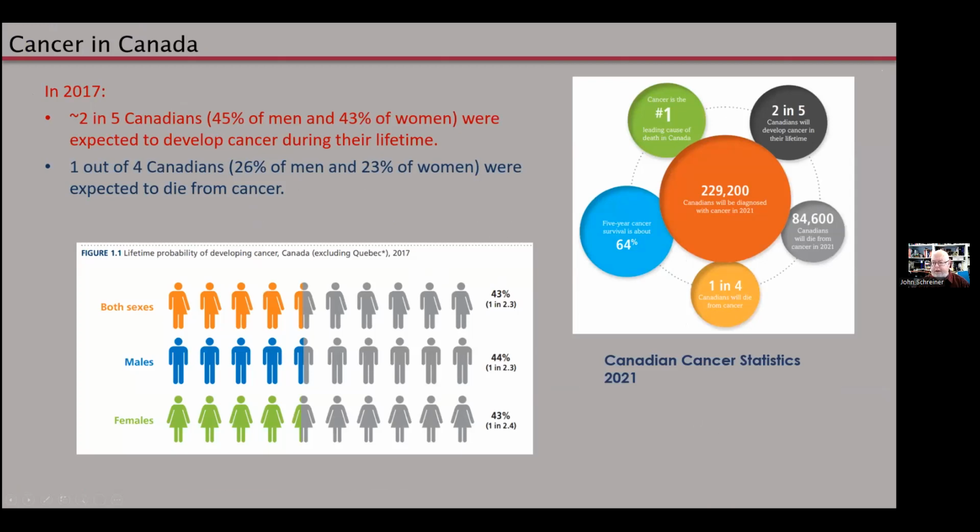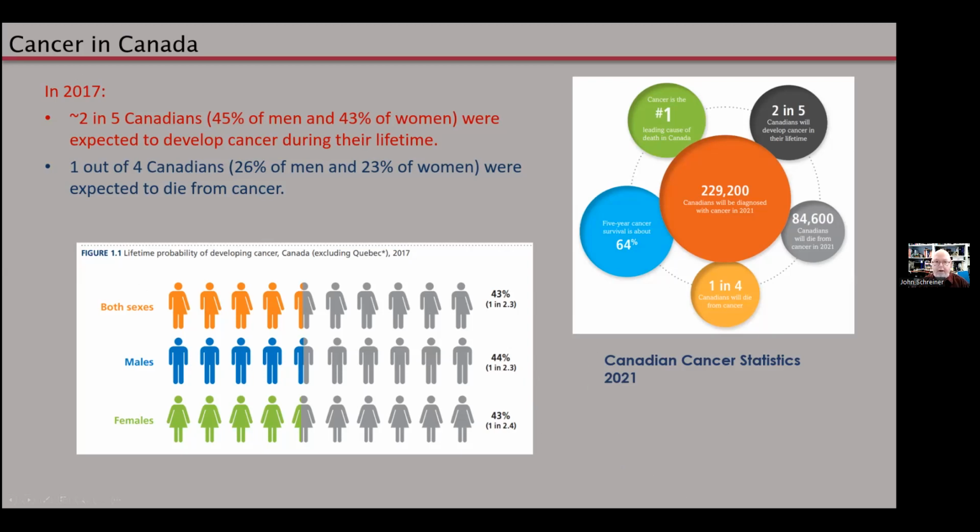And just to give you a feel for how important cancer is, I will give you some current Canadian statistics. Canada is a country of about 38 million people, and about 230,000 people will be diagnosed with cancer this year. 2 in 5 Canadians, so about 45% of men and 43% of women in Canada, and I think this is quite common in much of the world, are expected to develop cancer sometime during their lifetime.